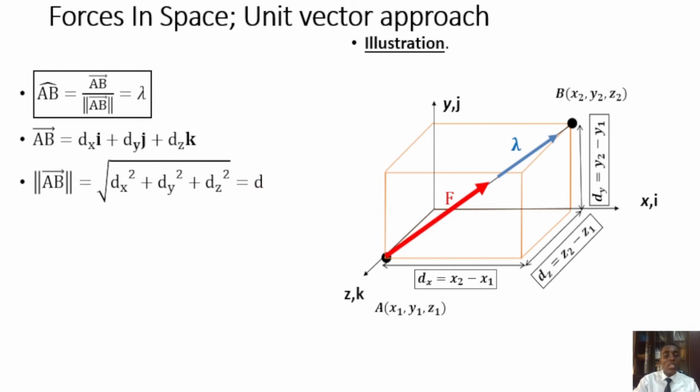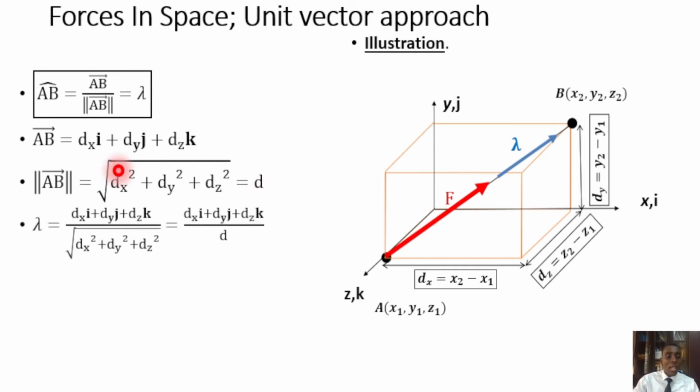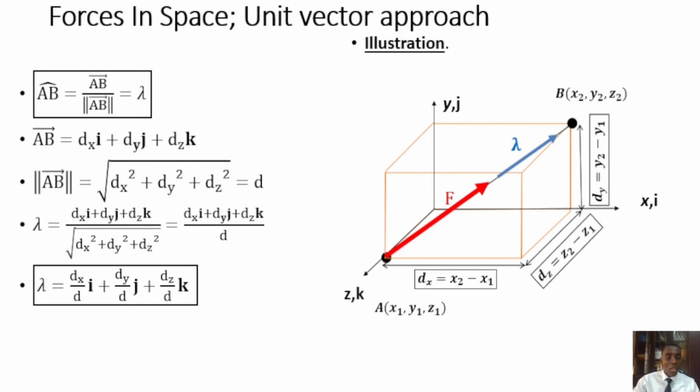If the magnitude is d, then I can represent lambda as the vector over its magnitude. So the vector is dx in the i plus dy in the j plus dz in the k, divided by d. So I've been able to look at the unit vector from A to B. Okay, so that is what we have over here.